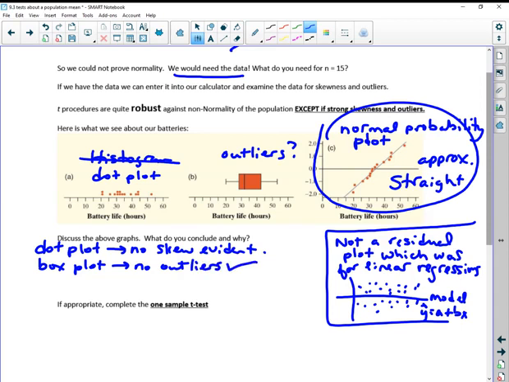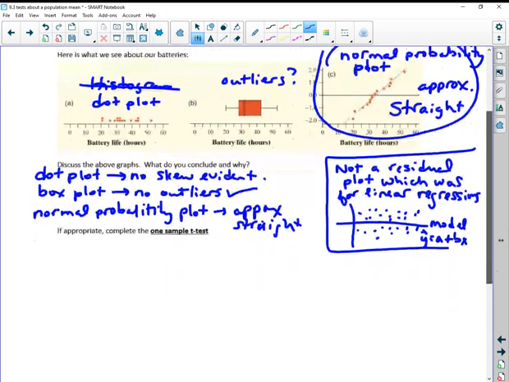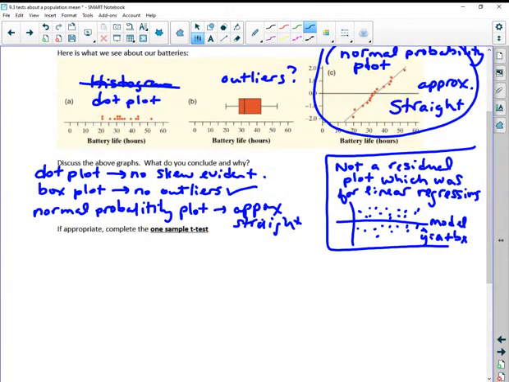That's very important at that n equal 15 level. And then our normal probability plot is approximately straight, and that's our most valuable tool to see that I would say we are meeting the nearly normal condition for this. So we are going to complete the conditions for inference are met.